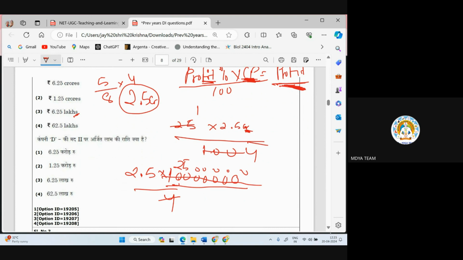Now, you can write this as lakh. This 50, you can write it as lakh. So it is 2.5 into 25. So it will be around 62 lakh. Not 6.25 lakh. It will be around 62.5 lakh.